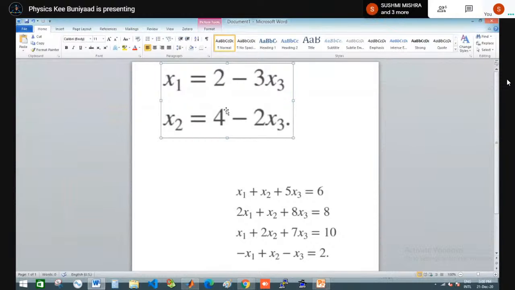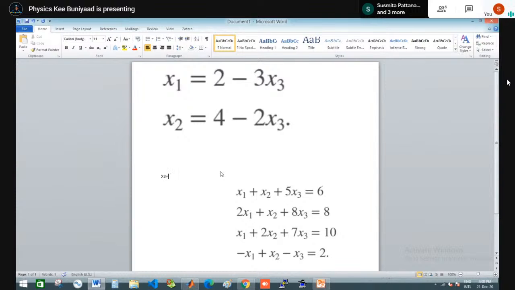Now you have to solve this. You have three unknowns, x1, x2, and x3, but two equations. How are you going to solve that? That is the question. You can solve it by first taking a value of x3. Guess a value for x3, start with that, then you solve it iteratively.